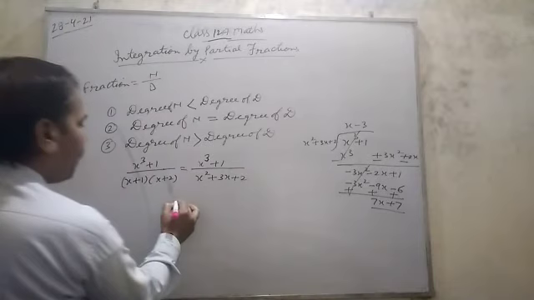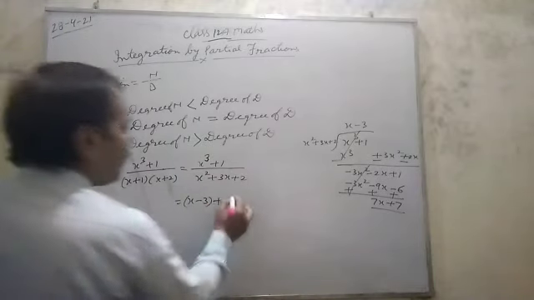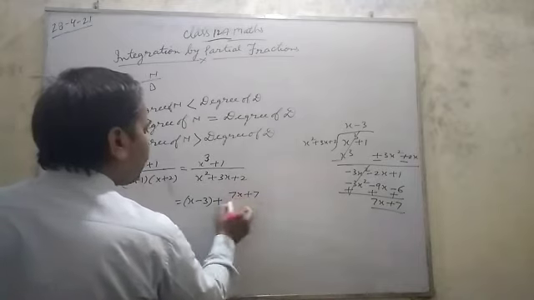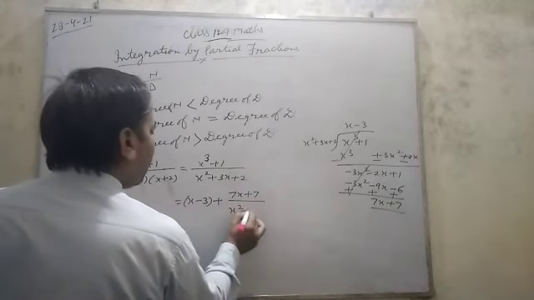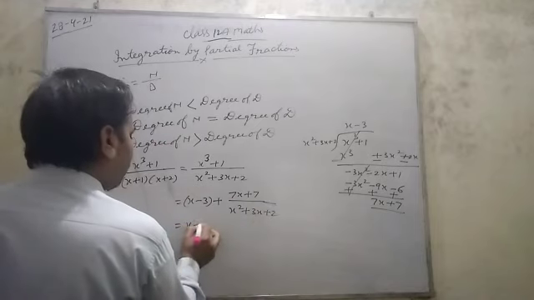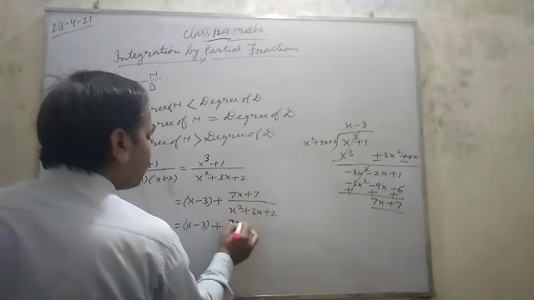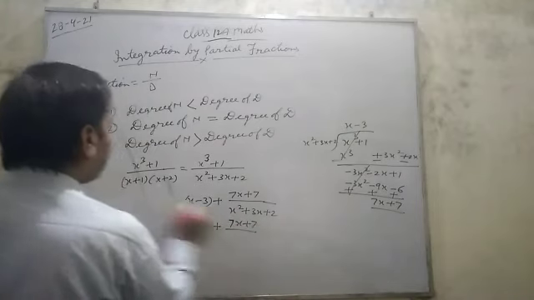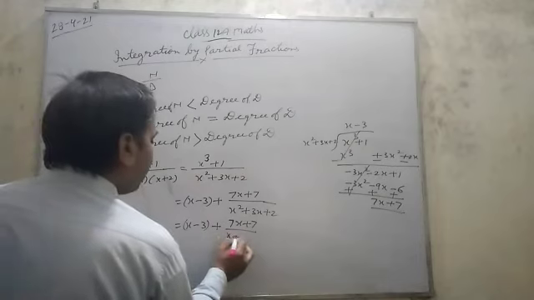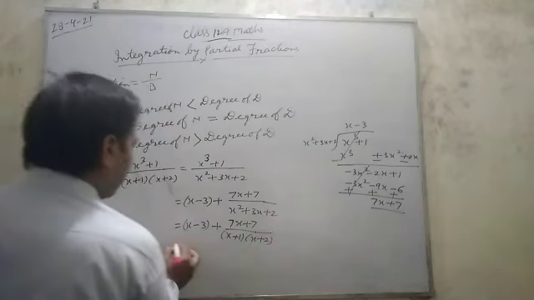So this we can write as x minus 3 plus the remainder 7x plus 7 upon x square plus 3x plus 2. So x minus 3 plus, then again 7x plus 7 upon, in place of that again we can write (x plus 1)(x plus 2).